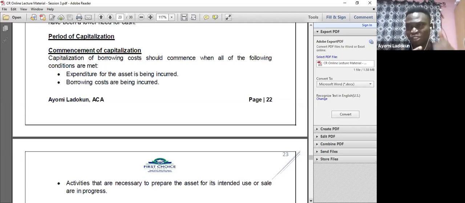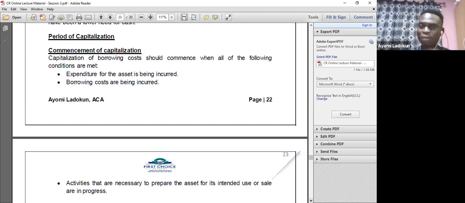Suspension of capitalization is actually different from cessation. So I've tried to break it down in this note so that my students can understand better. Once you understand this, you are fine with borrowing costs. Because like I said, it's a principle we need to understand. So when you see questions, you just overcome the question, as simple as that.